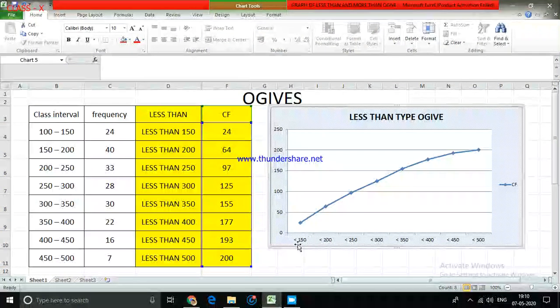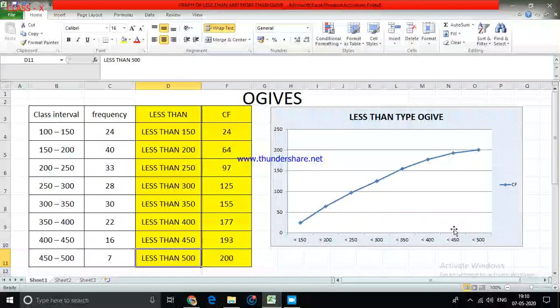You can exclude the less than symbol. You put 0 where the y-axis and x-axis intersect. Then 1 centimeter is 150, then 200, 250, 300, 350, 400, 450 and 500. I'll stop at 500 because I have less than 500.